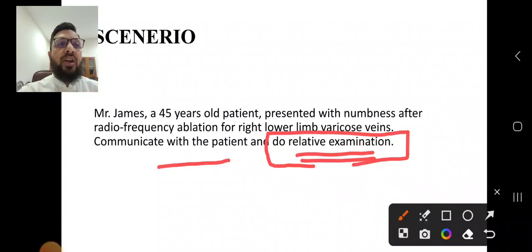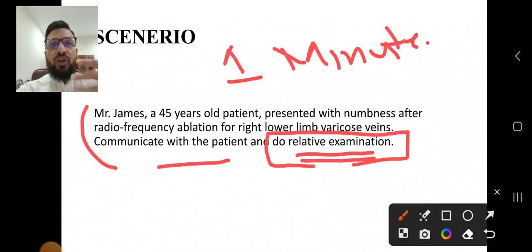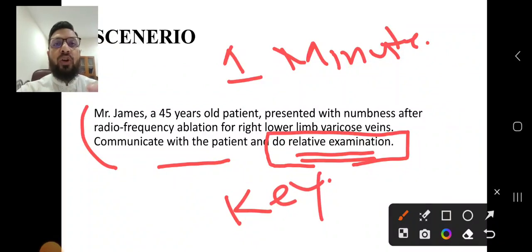That is why I always say that this 1 minute you are given to read this scenario and comprehend it and then proceed accordingly. This is your key. If you don't understand this scenario, you may perform a wrong examination and the whole of your station may go wrong.